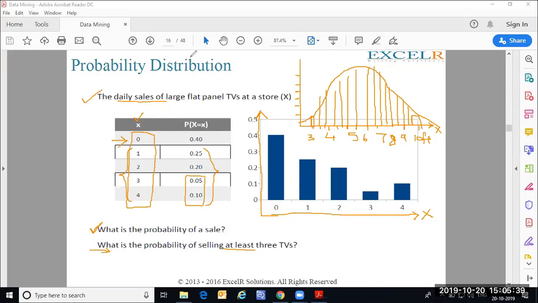So the probability distributions can be of two types, depending on the underlying data: discrete probability distribution and continuous probability distribution, right? Any questions so far, friends, online folks?